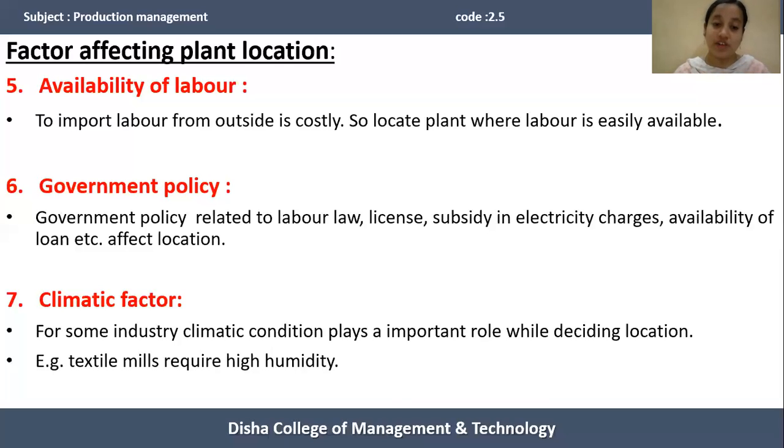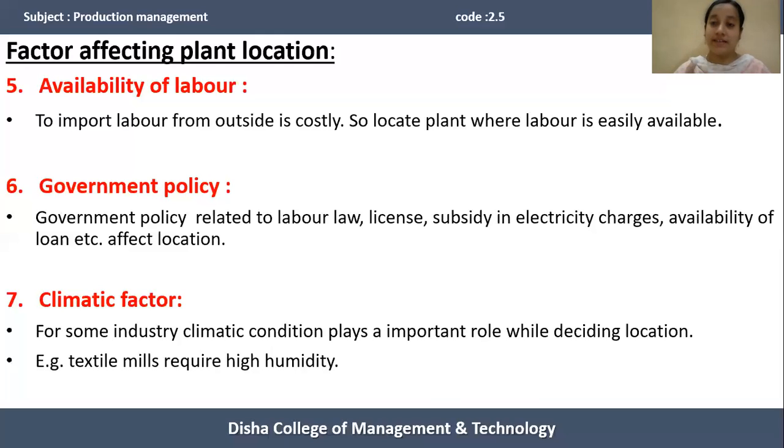Textile mills generally require a place where high humidity is available. In India, in Surat, the maximum number of textile industries are situated. What is the reason behind establishing the textile industry in Surat? In Surat, there is high humidity, so that helps the textile firm to operate in a perfect way.